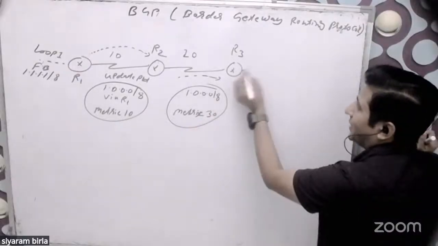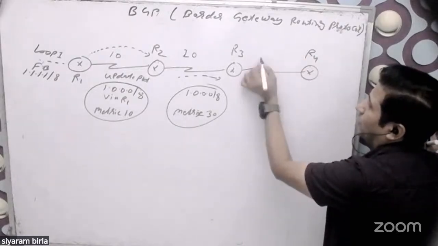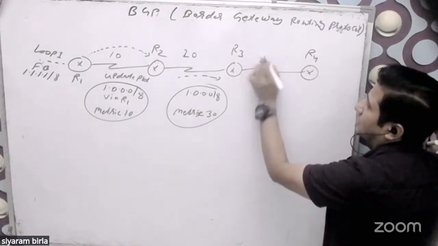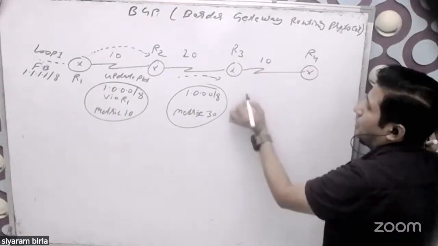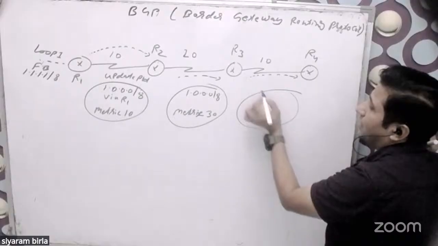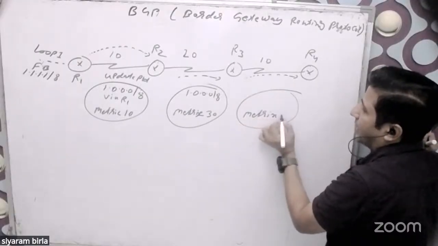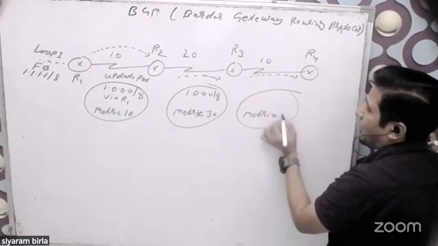And here is the R4 router, suppose. Between R3 and R4 the metric is suppose 10. So R3 sends that update packet to R4 and updates the metric: 30 plus 10, 40.